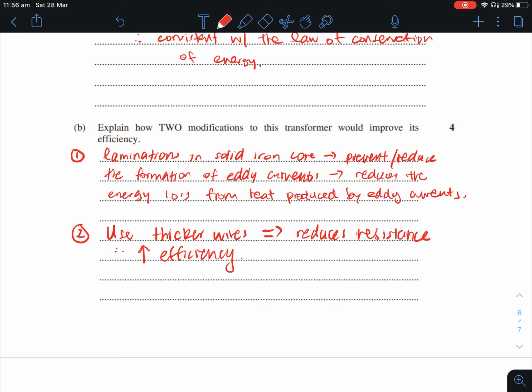And remember, efficiency just means less power loss or energy loss, right? If we want to be efficient with our energy, we don't want to be losing it, okay?